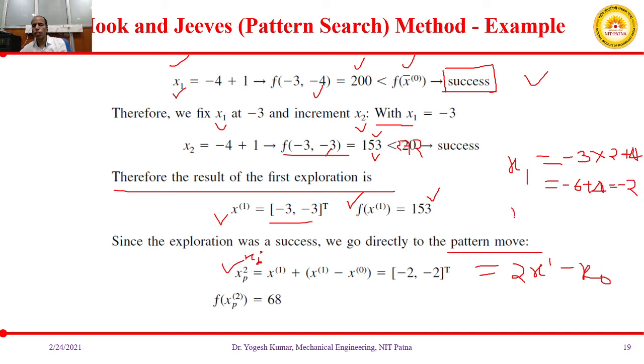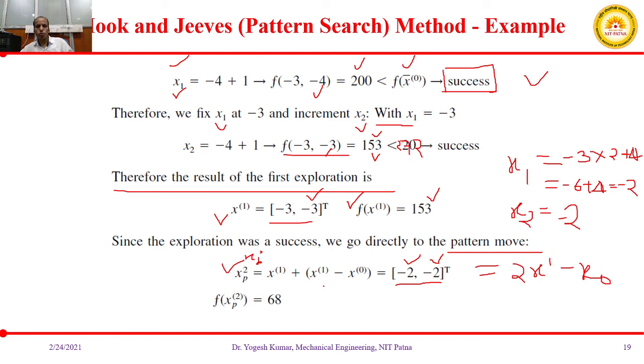Similarly, you can calculate the value of x2. Again it is having the same value, so this will be -3 into 2 plus 4, so this will again be -2. So this is how you have got the value corresponding to the pattern move, that is -2, -2.